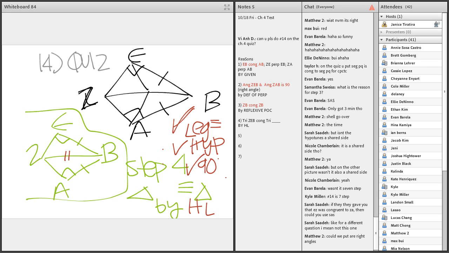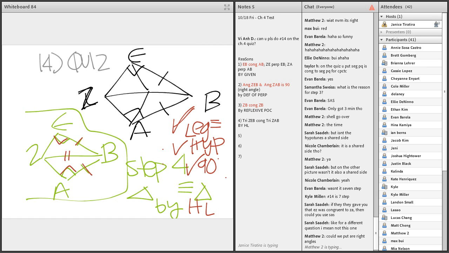I got the angles are 90 degrees, that's in red. And I got the hypotenuses are congruent, that's in red. So now I am ready to say they're congruent in step 4. So triangle ZAB. Oh no, I pushed the wrong button. ZAB, Z-A-B, by hypotenuse leg.